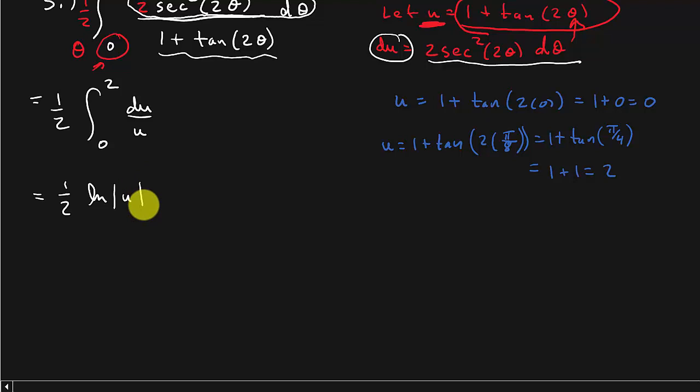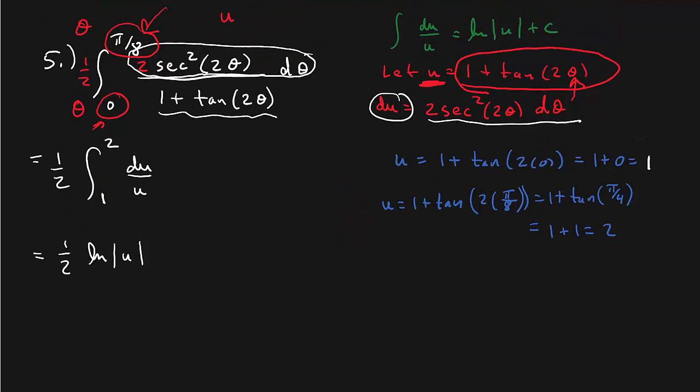Oh, and I'm sorry, that's not 0, is it? That's 1. That's my bad. Okay. See, when I did the 1 plus 0, I just put the 0. It's 1 plus 0 is 1. Okay, so this limit becomes 1. My bad.